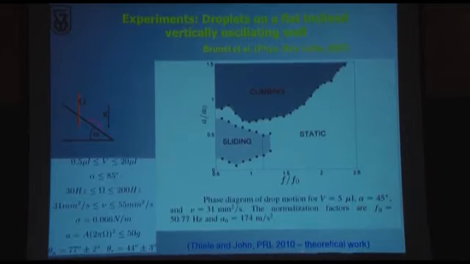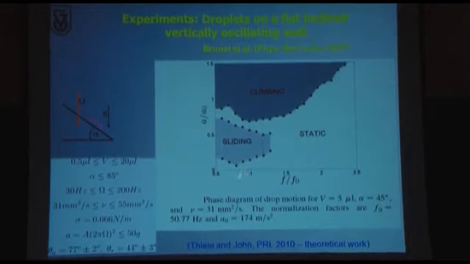There is some theoretical work by Uwe Thiele and Karen John, Karen John also published a few years ago. It gives some explanation for this. So basically, it would be interesting to see when we go along one of these lines, like this one, it corresponds to a certain frequency.